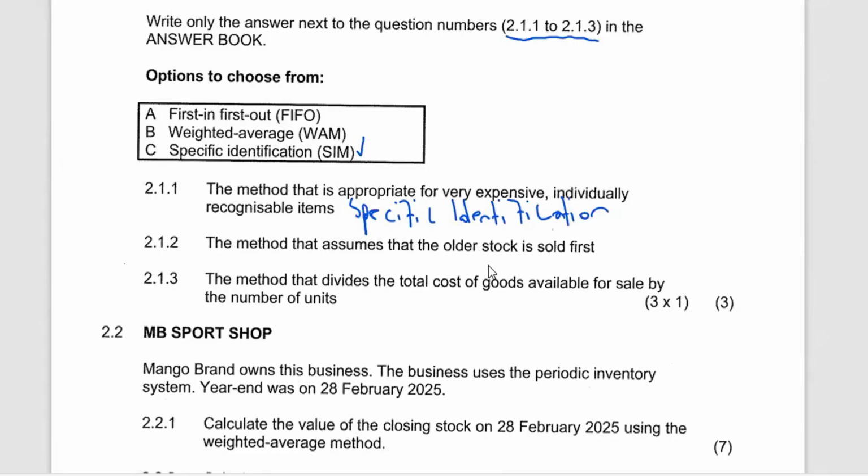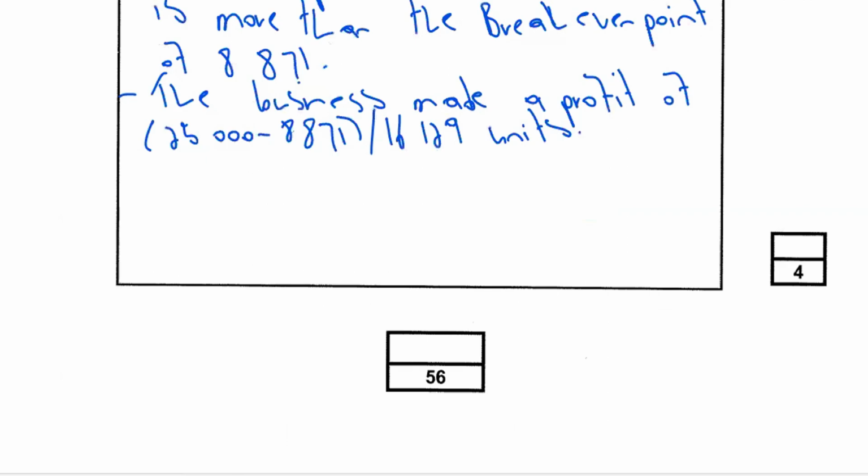The method that assumes that the older stock is sold first. So it's going to be FIFO because it's first in, first out. The method that divides the total cost of goods available for sale by the number of units. It will be our weighted average method. So now let's transfer our answers to our answer sheet.